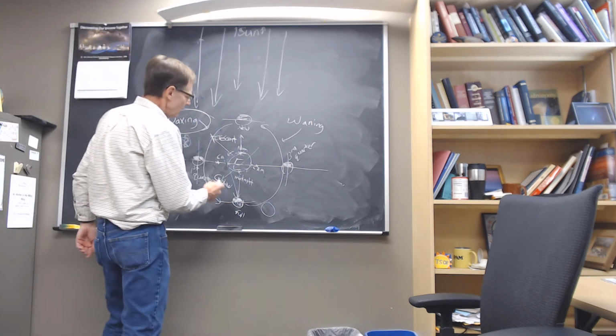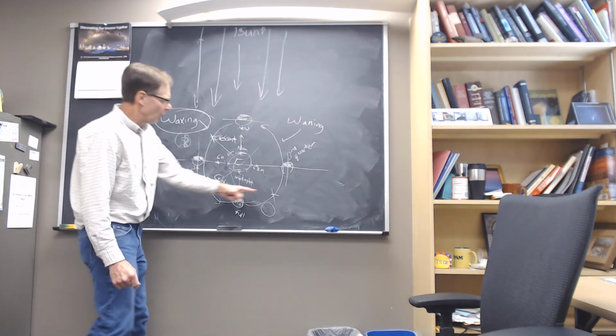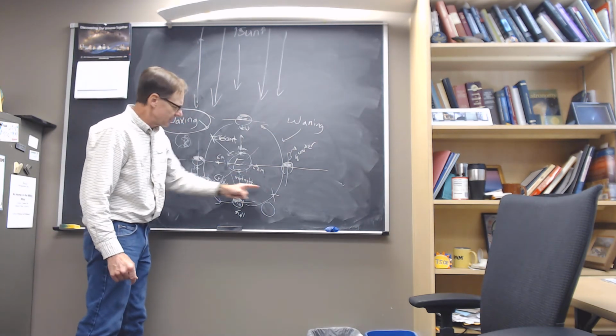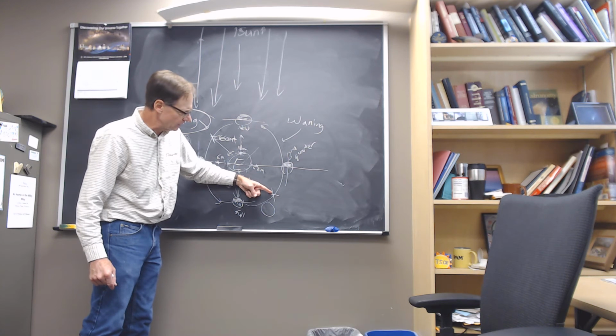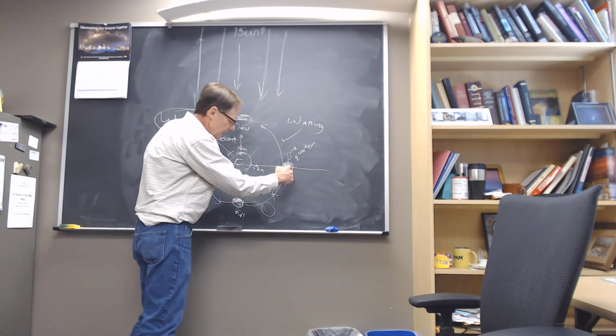So over here, for example, let's look right here. We've got a waning gibbous moon, and suppose it's halfway between full and third quarter.